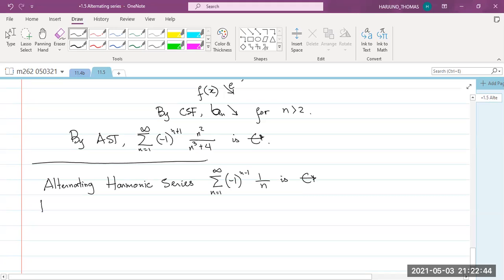The proof is quite easy. You see that the positive term b sub n is 1 over n, right? Okay, b sub n is decreasing.